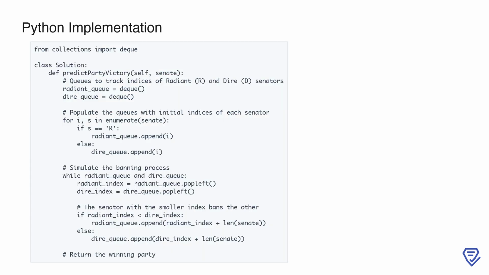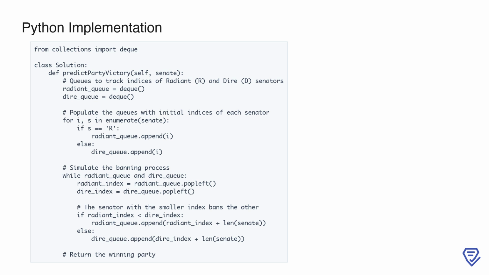Here, we begin by importing the deque class from the collections module, which will help us efficiently manage queues for both radiant and dire senators. Inside the solution class, we define the method predictPartyVictory, which takes the input senate, a string of characters representing the sequence of senators.